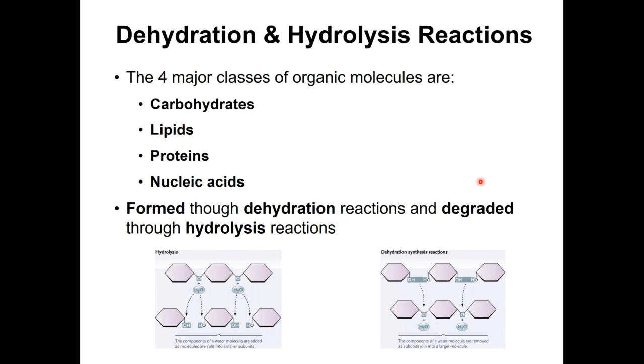Instead, they are degraded, as you will see, for example, when we talk about glycogen, amylopectin, amylose, and so on, through reactions called hydrolysis, which are basically the opposite of dehydration. So the two groups that were joined before are now separated through the introduction of a water molecule, which is split among the two groups.